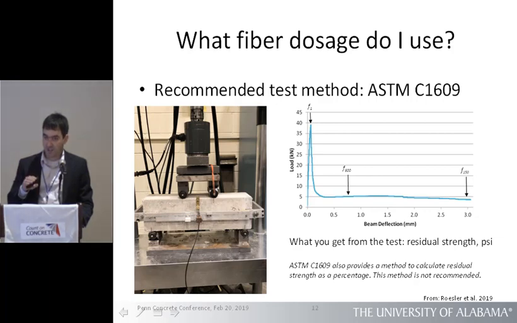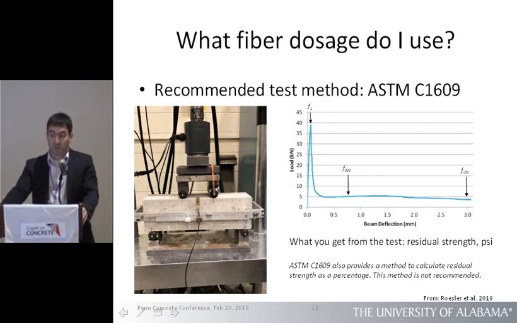The ASTM C1399 is no longer in favor with ACI in terms of determining fiber reinforced performance of concrete. So the recommended procedure is ASTM C1609.